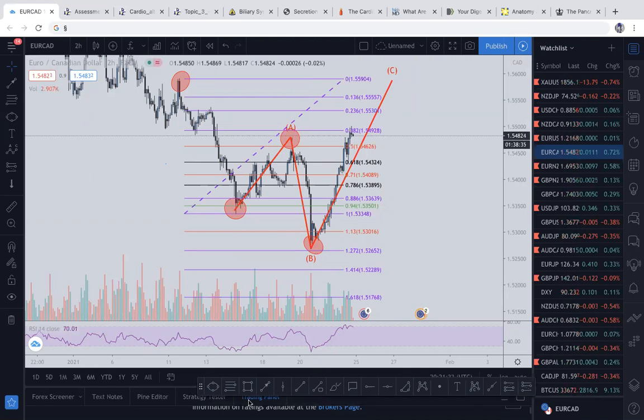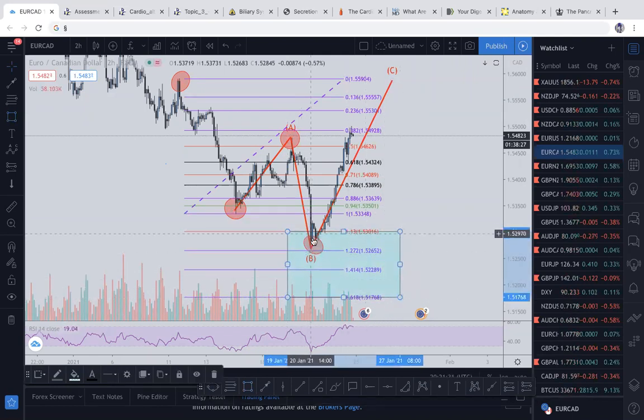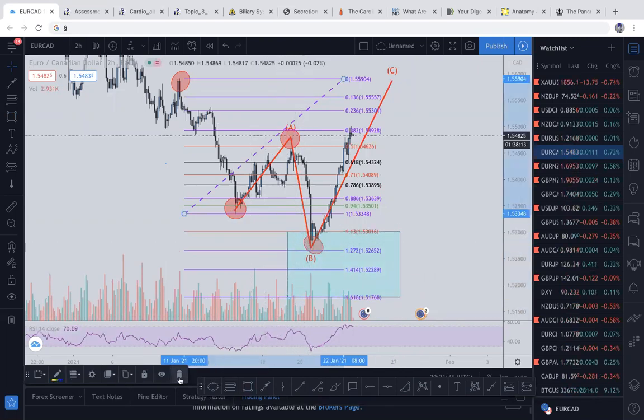So these are the zones that we're looking for, 1.13 to here. If we see any retracement within this zone, it means that we have a C leg of the shark pattern. And now that we have identified the C leg, we're going to clear this fib.